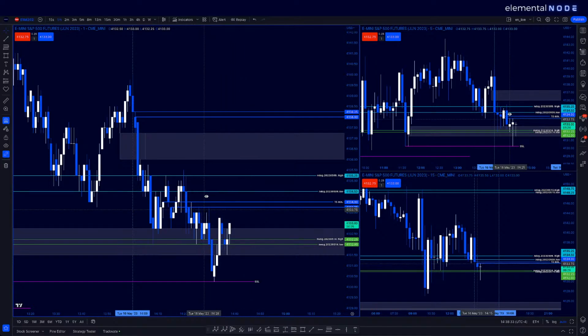Okay, let's see if it wants to take out those relative equal highs. Let's see it get a takeout here. Next 3 candles.